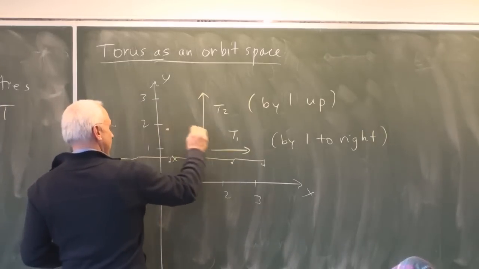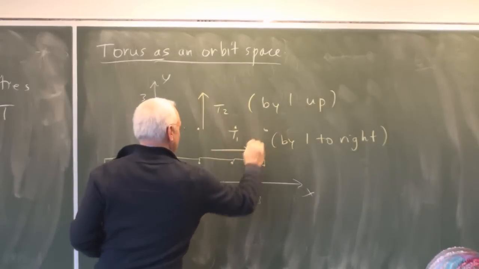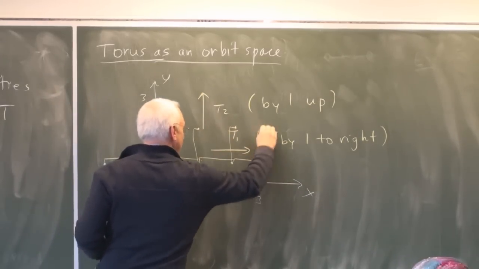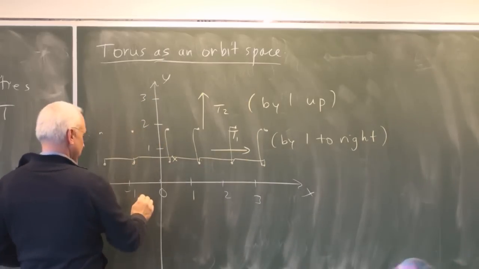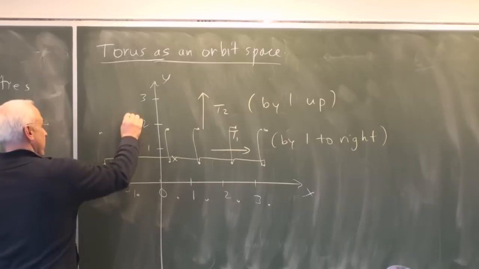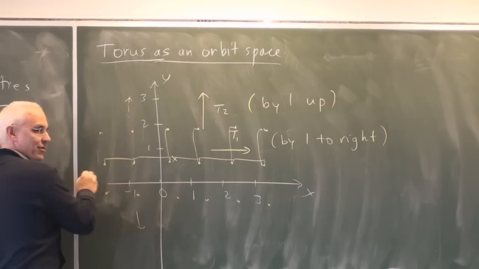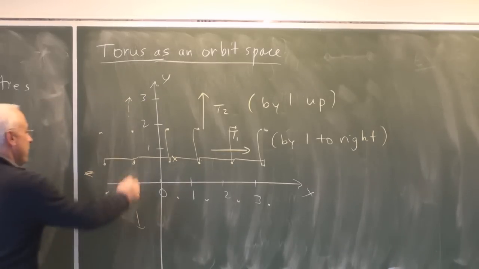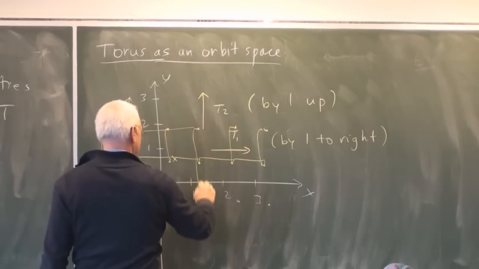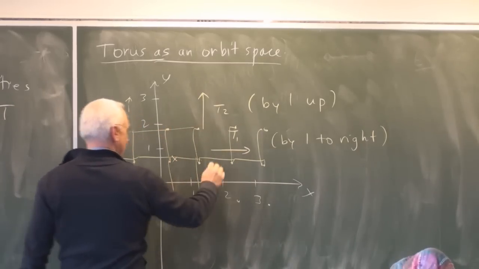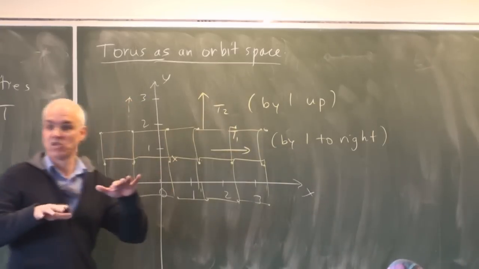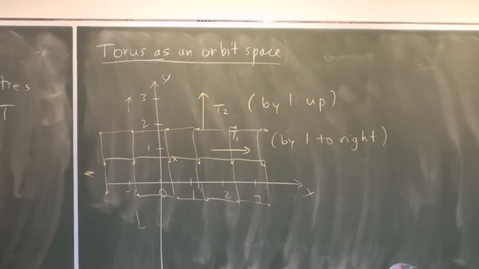So we also go up here. And we can also go down. And we can keep going in all directions. Okay, so what we're getting is a kind of a square grid superimposed on our original grid.